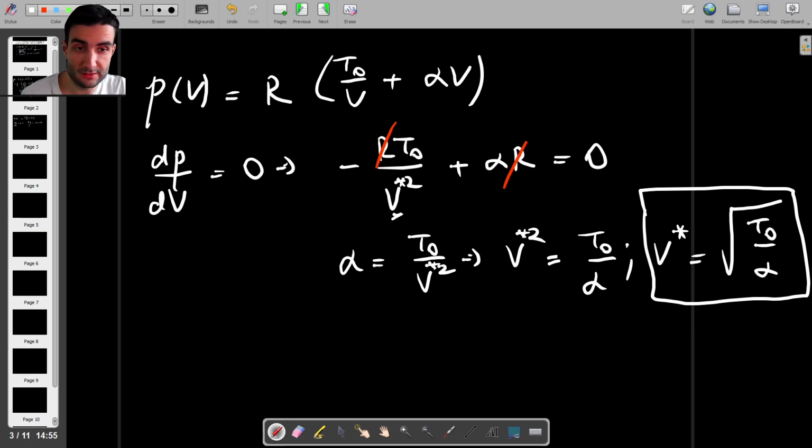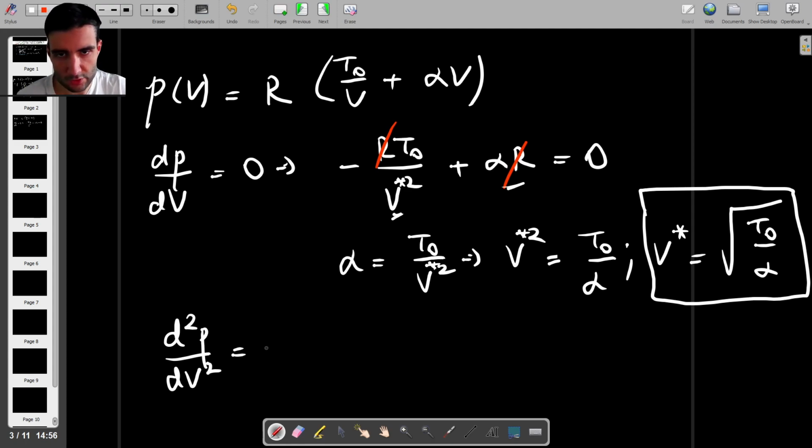But now we have to show that this stationary point corresponds to a minimum. So let's differentiate again. The second derivative d squared P over dV squared, if we differentiate this again, is going to be RT0 over V to the power 4 times 2V.